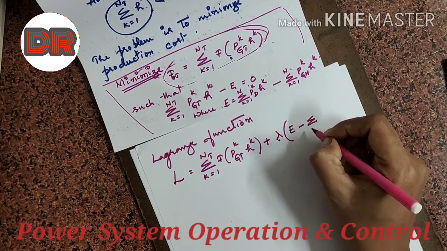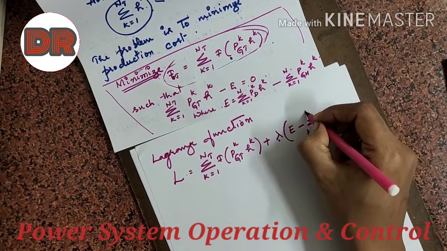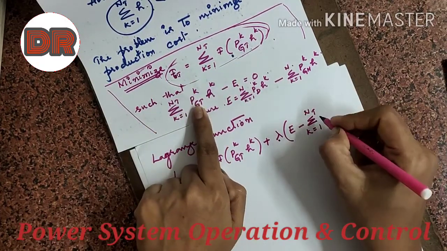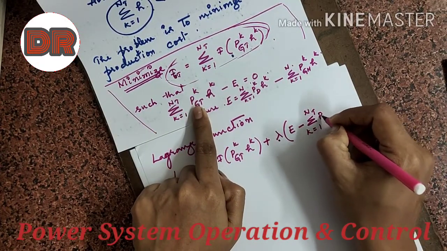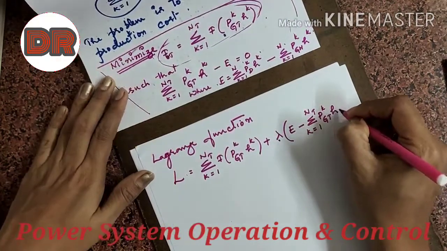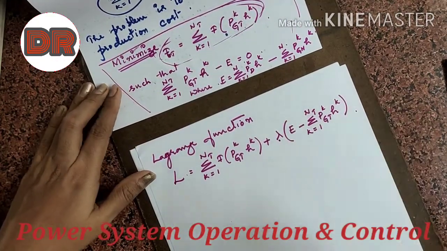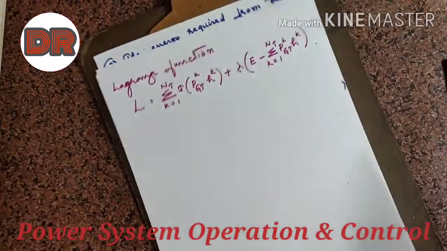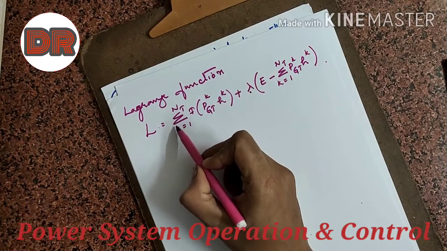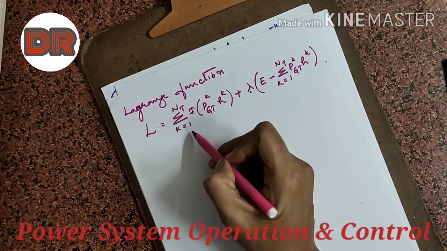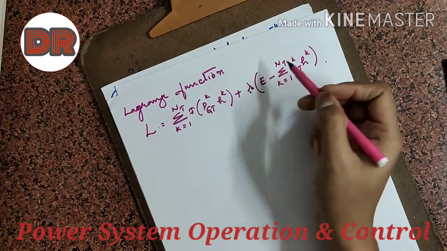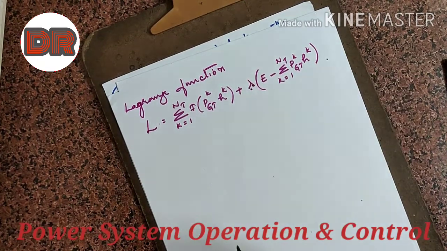So summation k is equal to 1 to NT, the same thing, constraint E minus this term, Pgt Hk. So remember how to write the Lagrangian function. L will be equal to the basic optimization statement, that is this, plus the Lagrangian multiplier and the constraint. So this is the Lagrangian function.